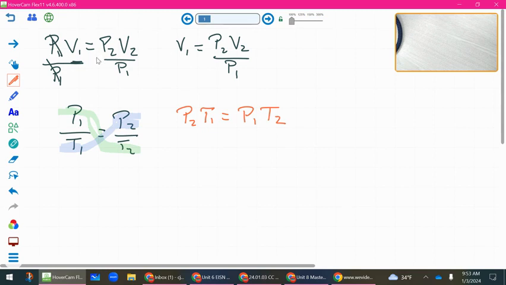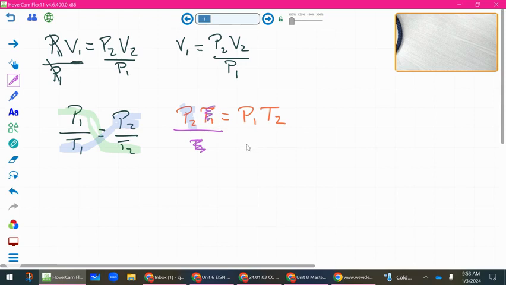Pick one that I'm solving for, Faith. Normally we'd either be solving for T2 or P2. Pick one. So let's solve for P2. Now we're going to do just what we did up here. I'm going to isolate that variable on one side of the equation. That means I'm going to divide this side by T1 to get it alone.